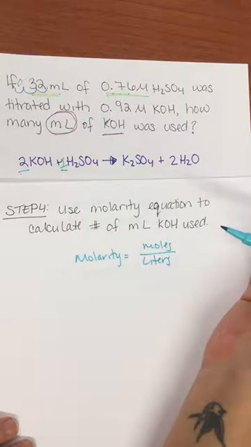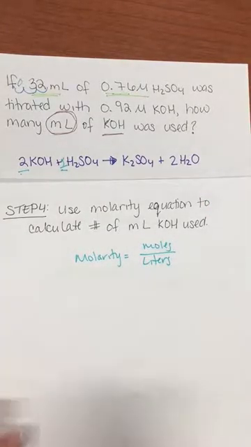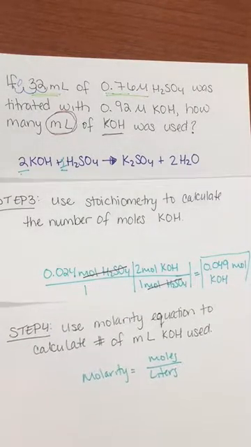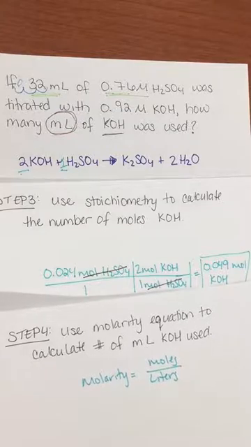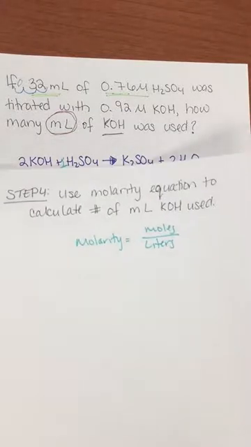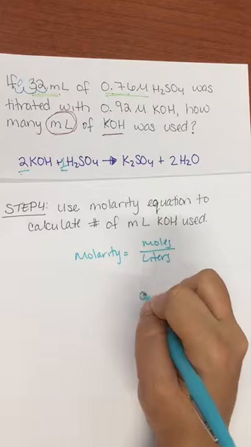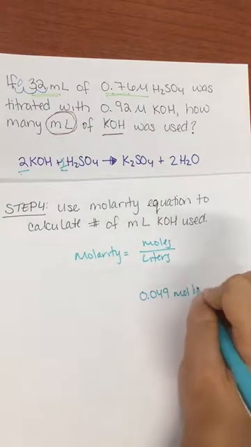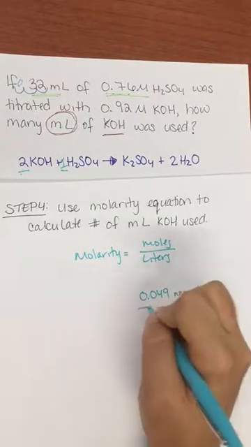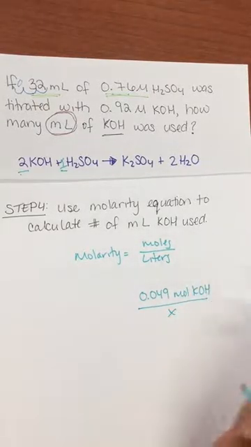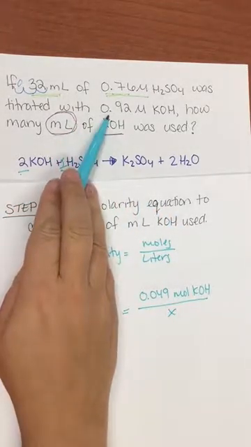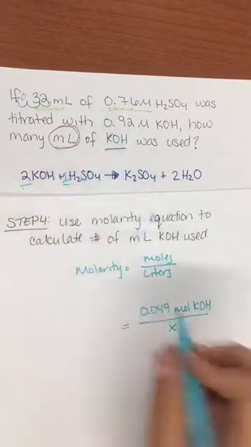Now you can do this a couple of ways, but I'm going to walk through the whole process as one problem. So I start off, I know that I have 0.049 moles KOH. Liters is what I'm trying to solve for, and I know that my molarity is 0.92.